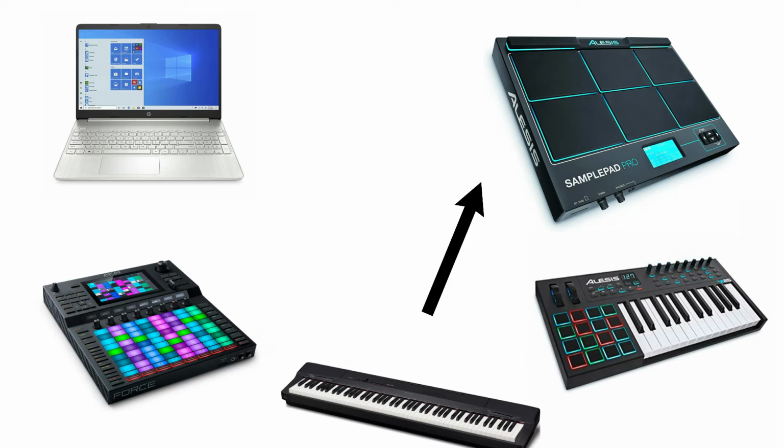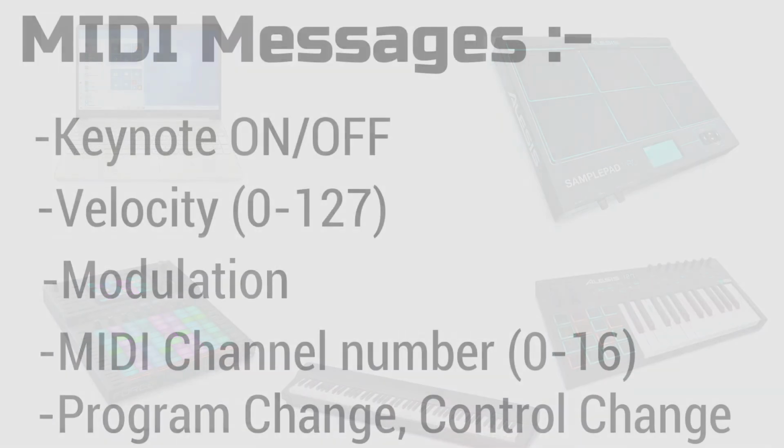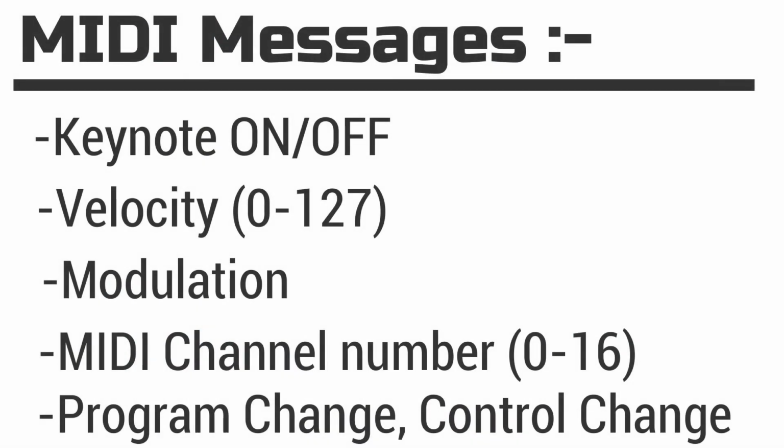They do so by sending various system messages and MIDI channel messages such as note on, note off, pitch modulation, program changes, or control change between the different musical instruments. So let's look in depth at the different MIDI messages available.